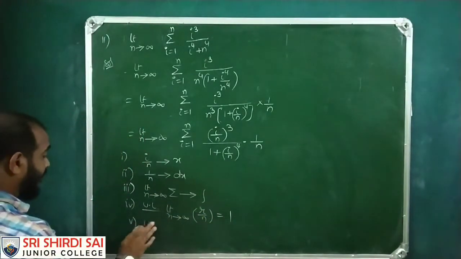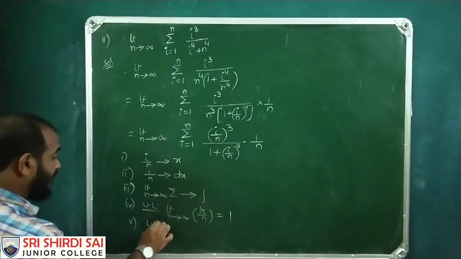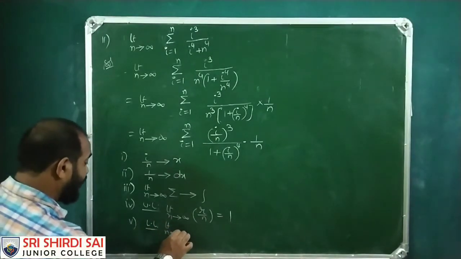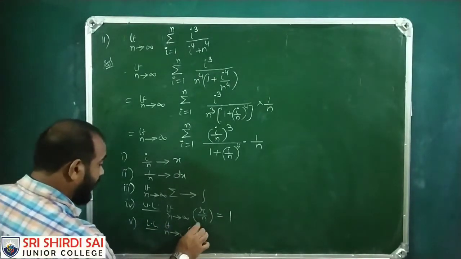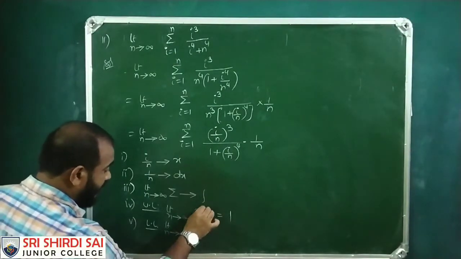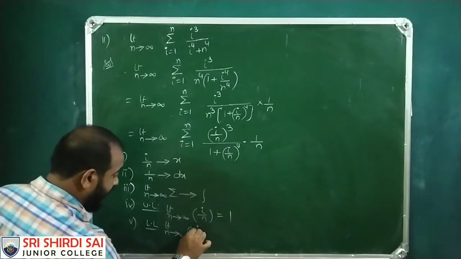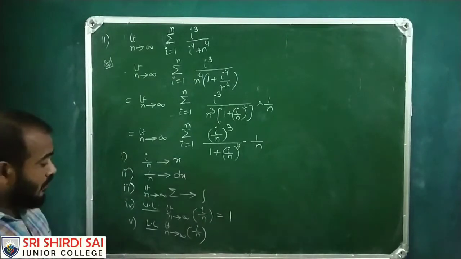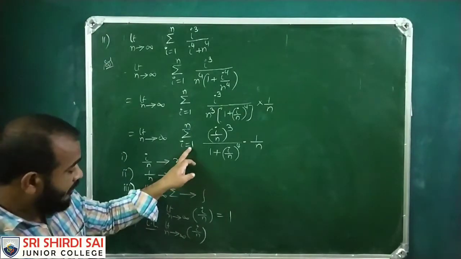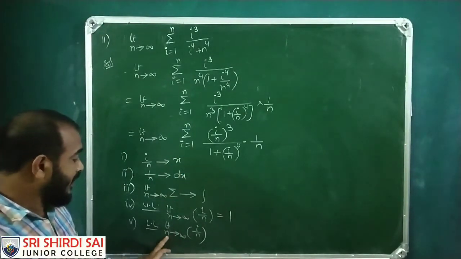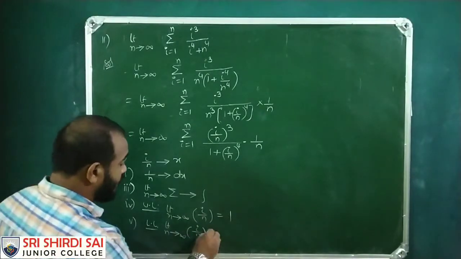And the lower limit is limit n tends to infinity of i by n, so with i as 1, 1 by n, limit n tends to infinity, 1 by n is equal to 0.